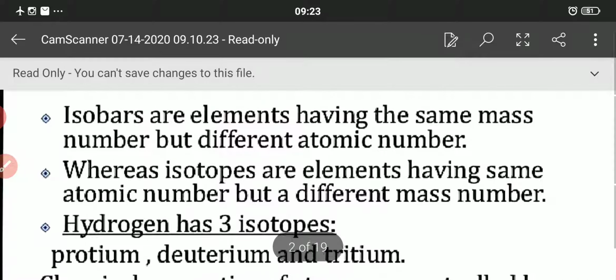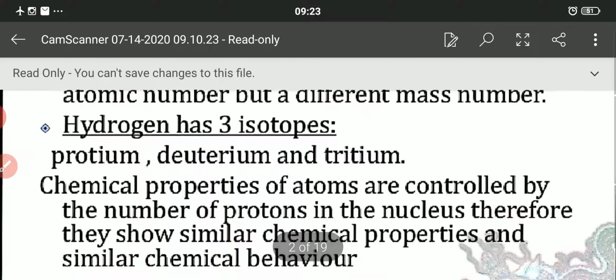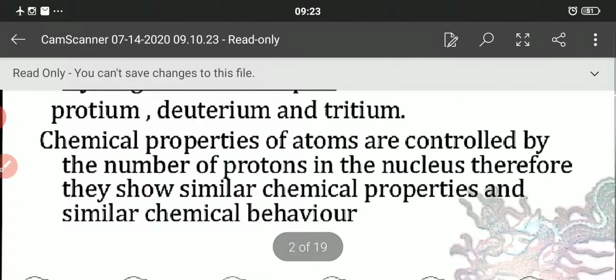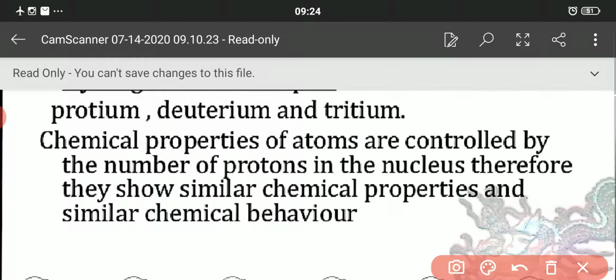Now isotopes means atoms having the same atomic number. For example, X and Y. The atomic number of X and Y is the same, that is 3, okay, but the mass number is different.